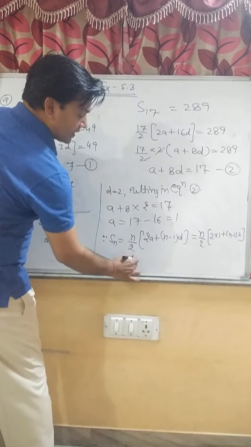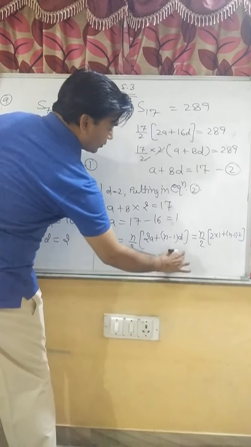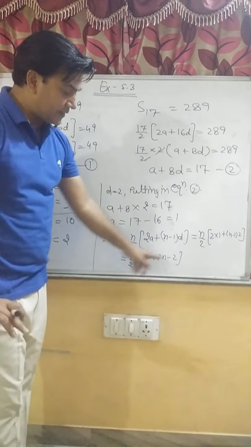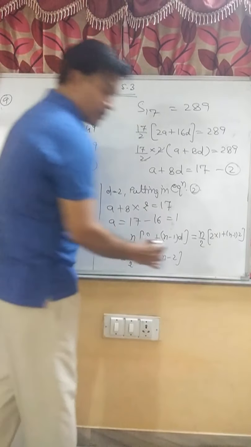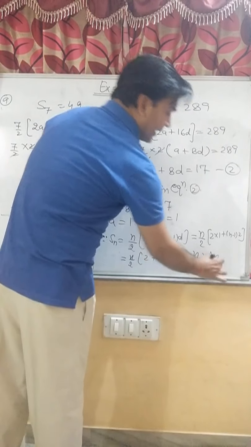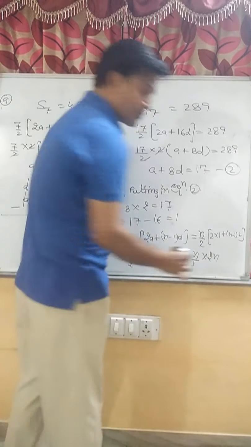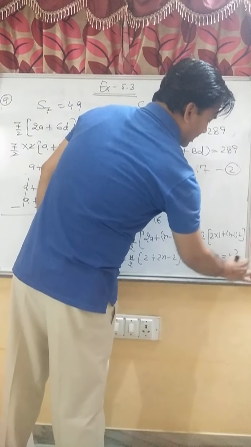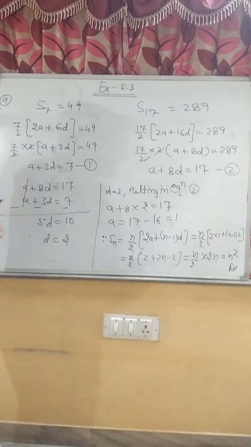So n by 2 as it is, 2 plus 2n minus 2. Cancel this 2 with this 2, one is positive, one is negative. The rest is 2n. So n by 2 into 2n, and now cancel this 2 with this 2. n into n is n square. Answer: so the sum is n square.